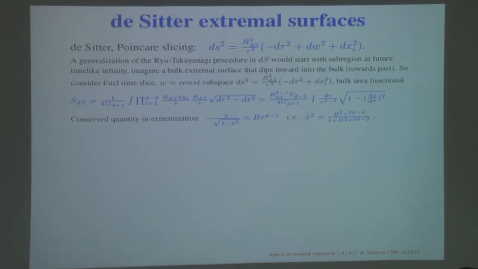To begin with, let's just do this operational calculation, the bulk extremal surfaces calculation. A generalization here would start with a subregion at future time-like infinity, but on a constant Euclidean time slice, construct the bulk area functional and ask about its extremization. This is straightforward to do.